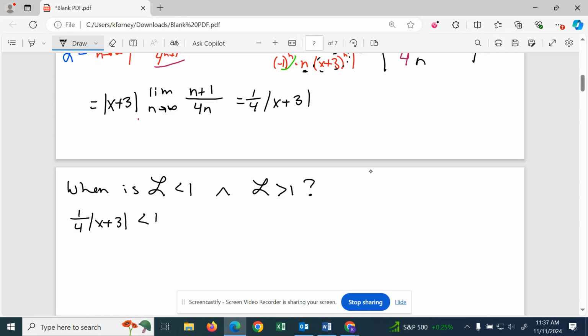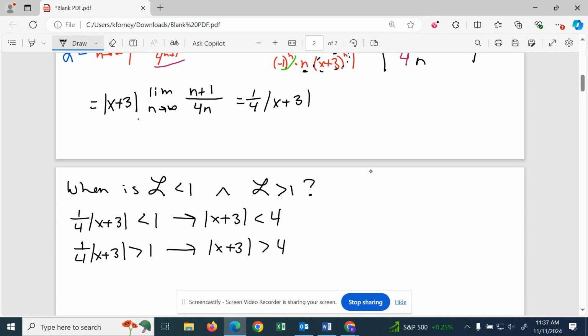It's less than 1 when the absolute value of x plus 3 is less than 4, because you would multiply by the reciprocal. And the limit is greater than 1 when the absolute value of x plus 3 is greater than 4.